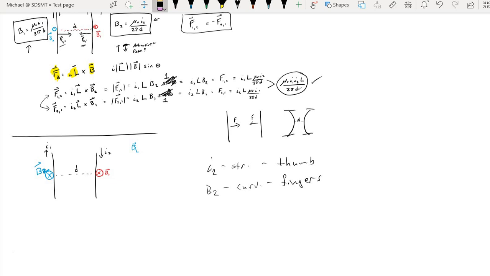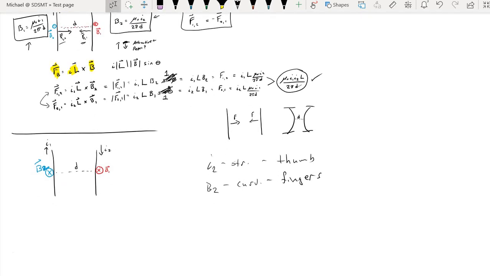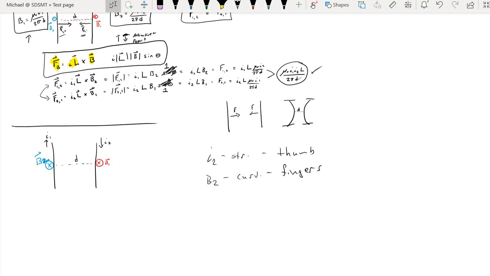Okay, so we have our two currents, we have our two fields, and we can either figure out the magnitudes of the forces or the directions of the forces. I'm going to go ahead and go for the magnitudes of the forces. Again, we're using the same expression. We're using that cross product. And we're going to start with force 1, 2, which is I1, L crossed B2.